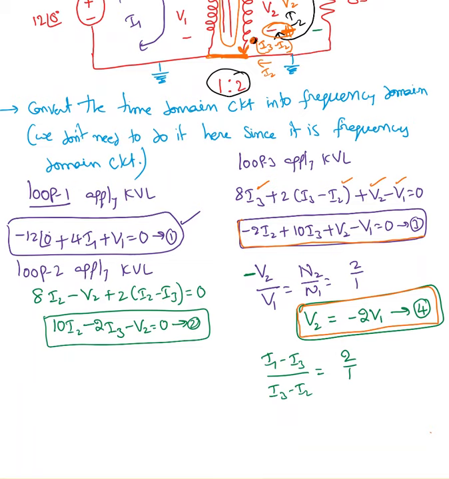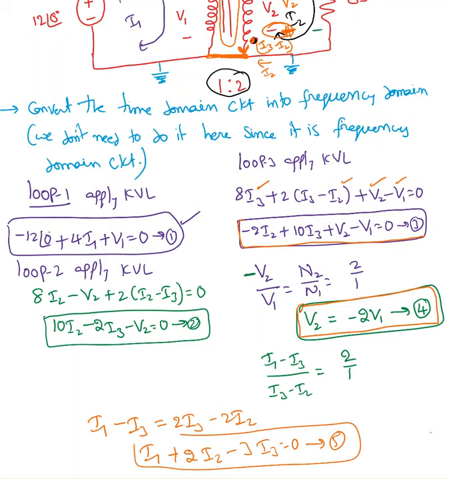When I simplify this, it's going to be I1 minus I3 equal to 2I3 minus 2I2. Okay, so I1 plus 2I2 minus 3I3 equal to 0. This is my fifth equation.